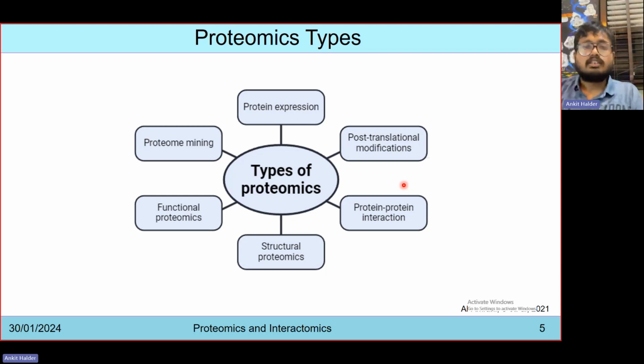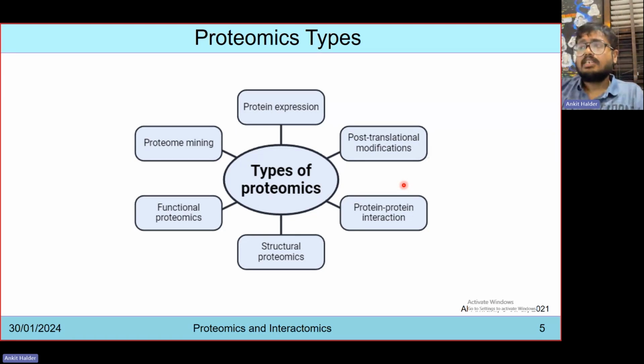As we know from the central dogma, proteins are not only the functional biomolecules, which are very dynamic, but post translational modifications also play a huge role in maintaining signal transduction, enzyme cascades, and various other things.